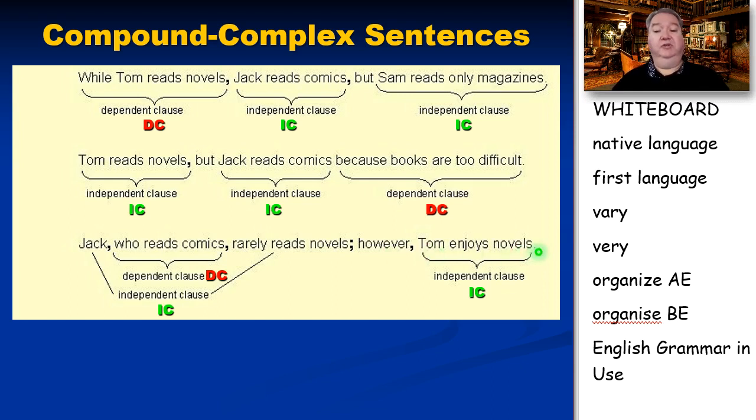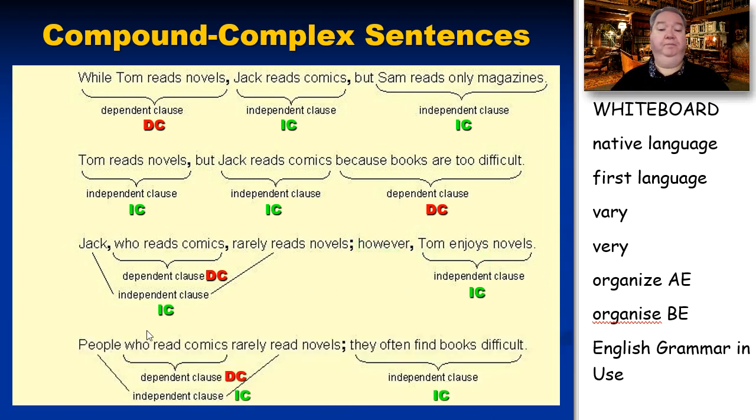However, Tom enjoys novels. However, we need a comma here. Tom enjoys novels, another independent clause. So we have two independent clauses, compound, dependent clause, complex. Pay attention to, after the semicolon, we do not use a capital letter here. And after a word like however or furthermore, additionally, we use a comma. However, Tom enjoys novels.